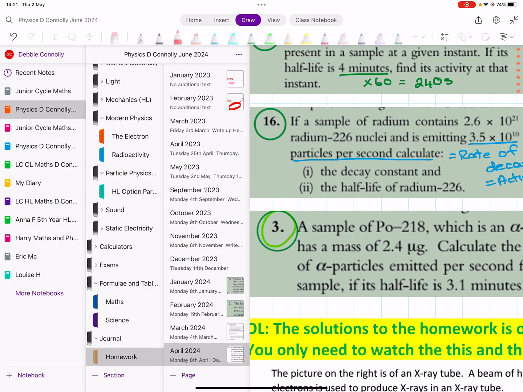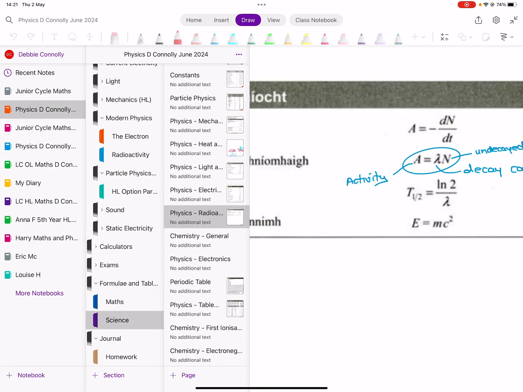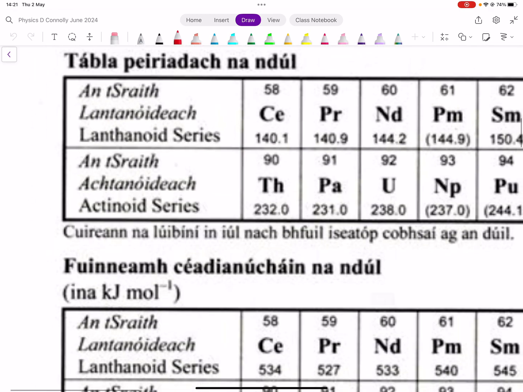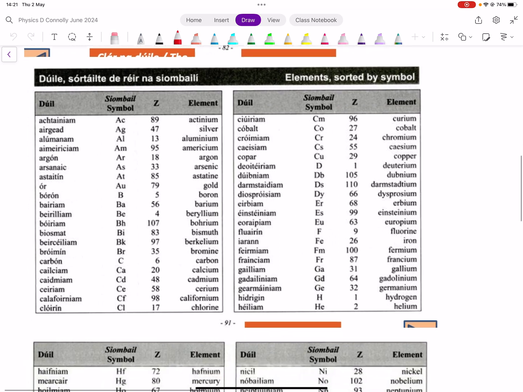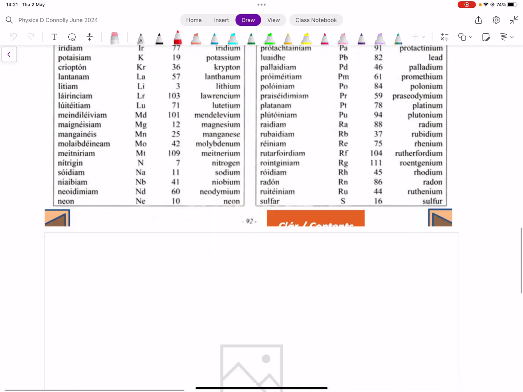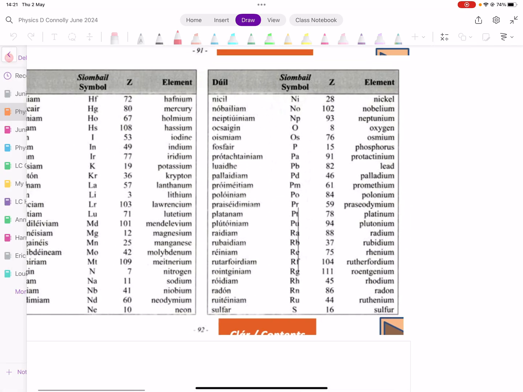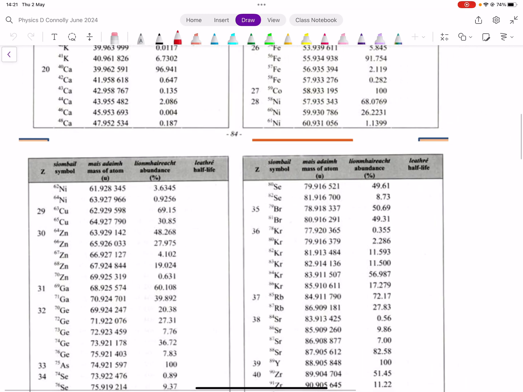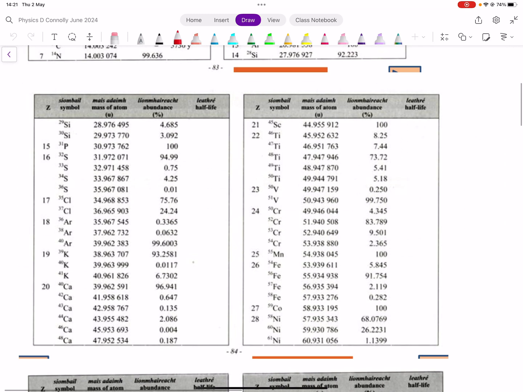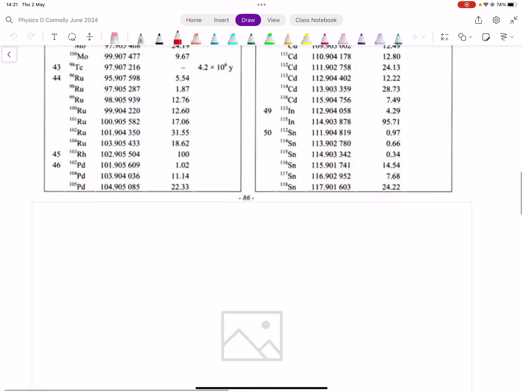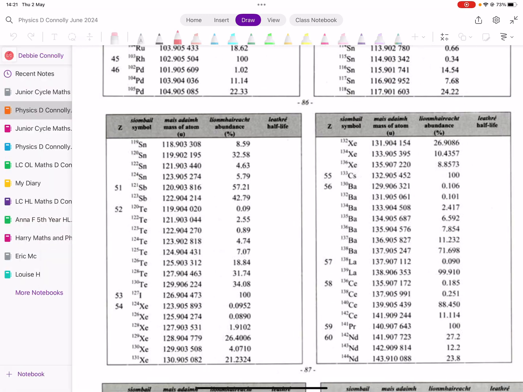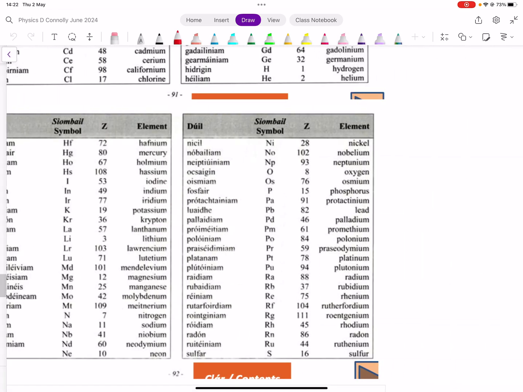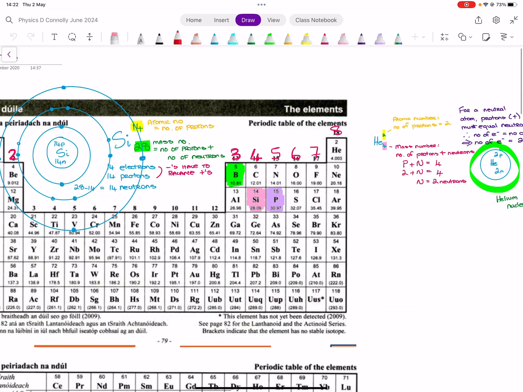Right, so polonium. I'm going to go in here. What's the atomic number of polonium? I have absolutely no idea. Maybe I should check that first, save the wild goose chase.